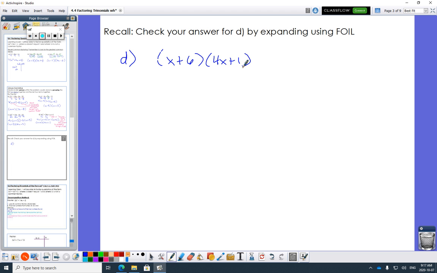Okay, so if you are an arrow drawer, draw the arrows. If you're not an arrow drawer, you're just going to do x times 4x is 4x squared, x times 1.